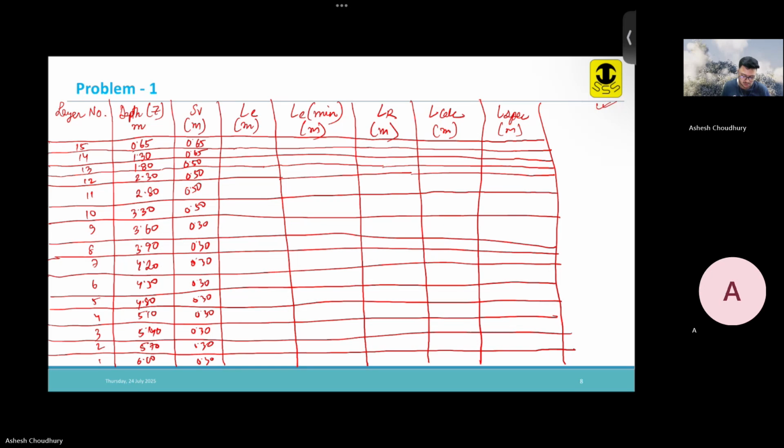Now we have LE. So what we do, it's better that we make an Excel sheet for that. I will just share the screen.